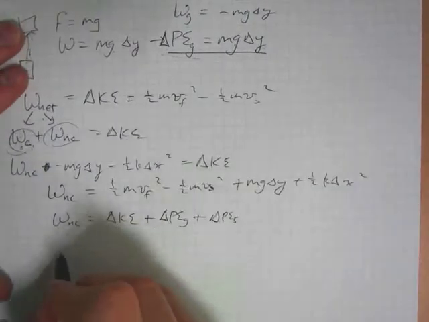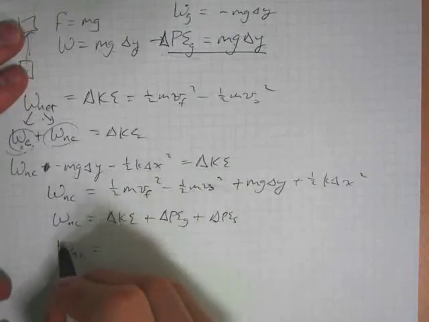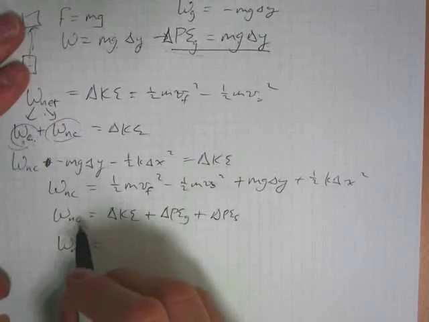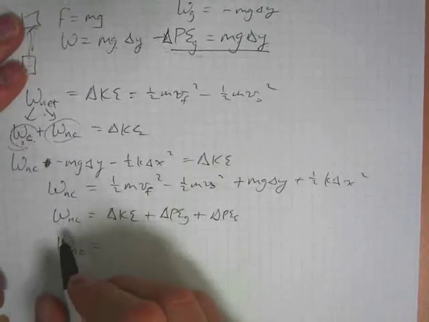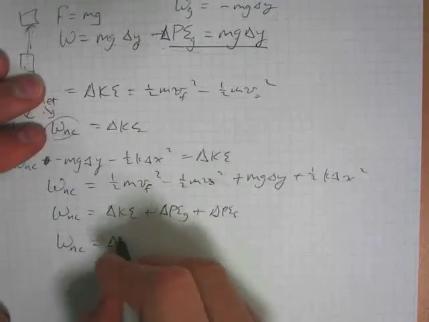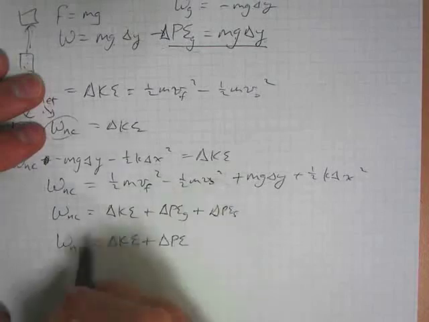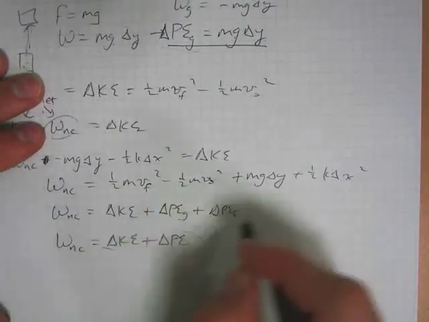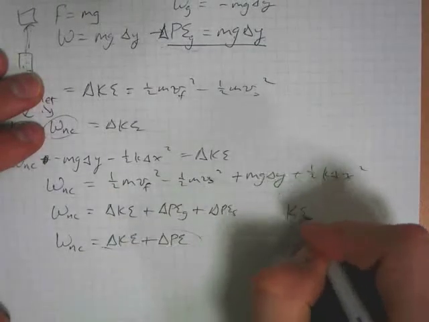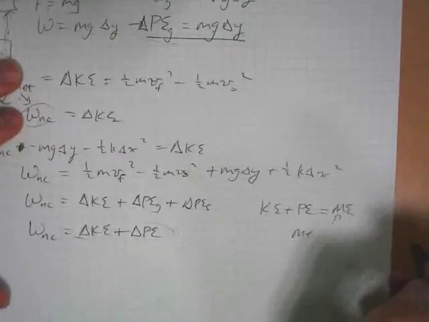So in general, the work done by non-conservative forces, like friction or air resistance or any kind of pushing force, is equal to a change in kinetic energy plus a change in potential energy. And together, this kinetic plus potential energy is called mechanical energy.